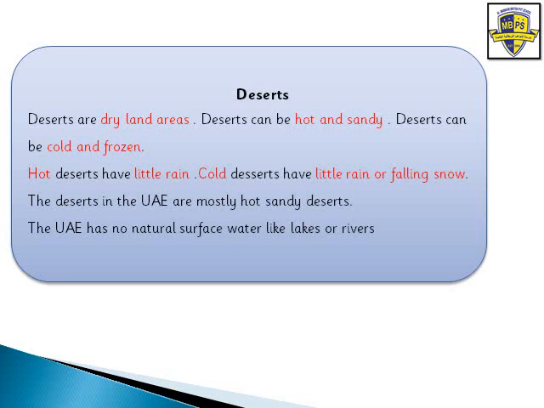It can be like this or like this or like that. Hot deserts have little rain. Cold deserts have little rain or falling snow. The deserts in the UAE are mostly hot, sandy deserts.